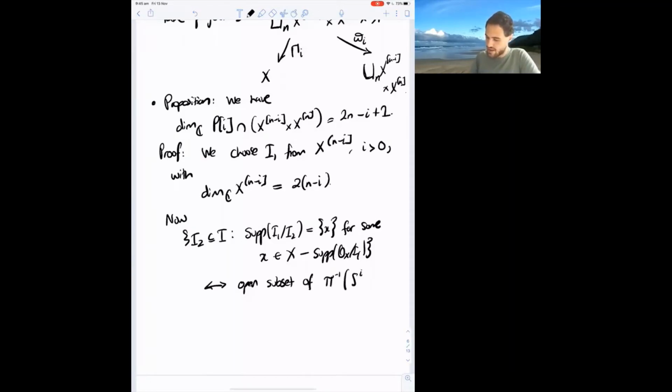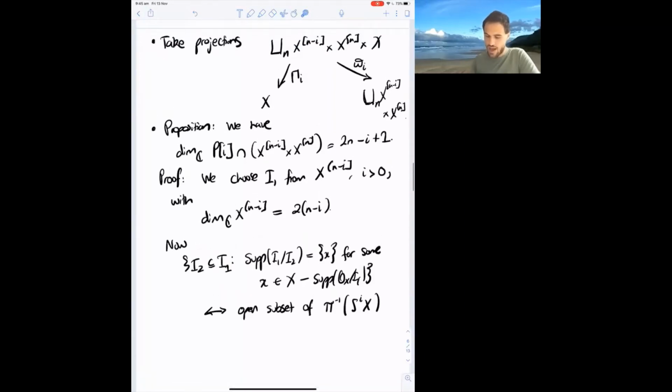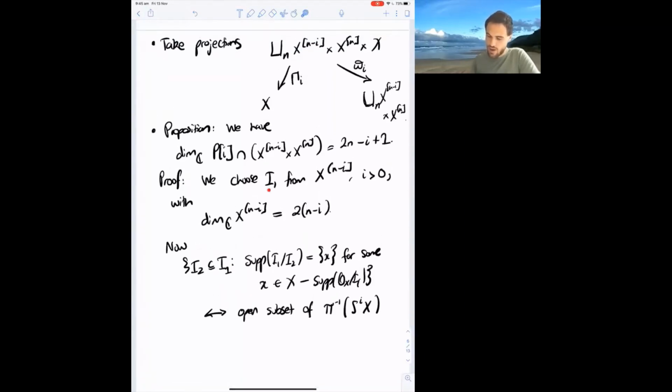So you look at SIX. Why are we looking at SIX? Because the difference between I1 and I2 is I points. I1 was chosen from n minus I points, and then to get to I2, we have to add I points.